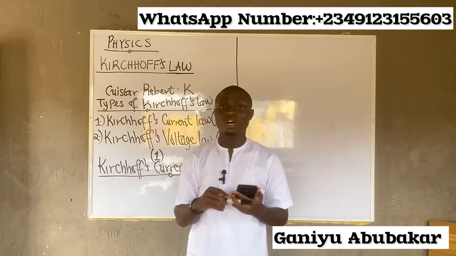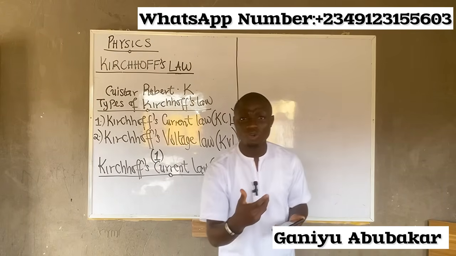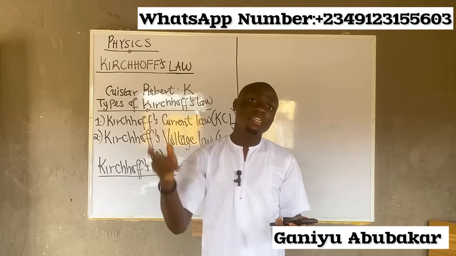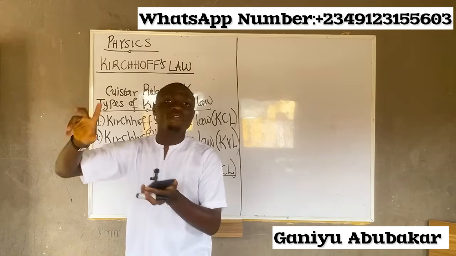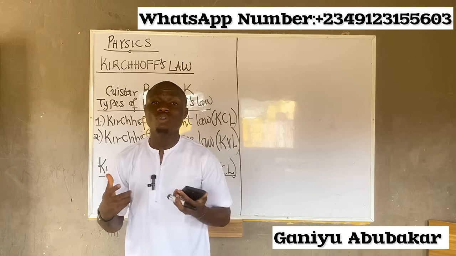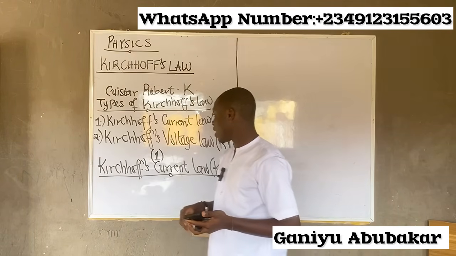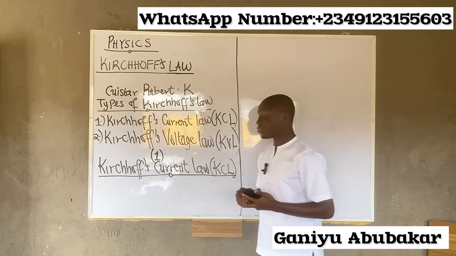Either of the two is still the same thing. So for Kirchhoff's current law, the idea is easy. The sum of current entering the junction must be equal to the sum of current flowing out or leaving it. That's how I state Kirchhoff's current law.